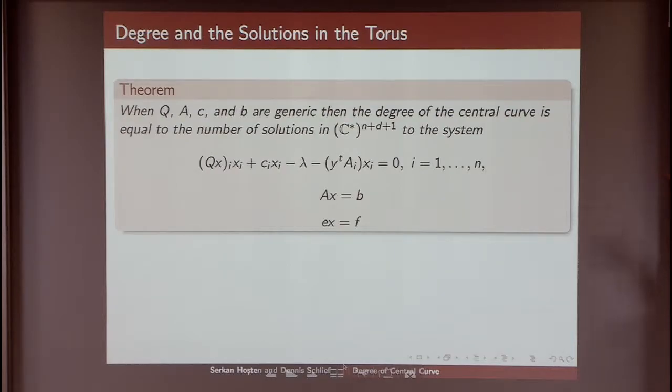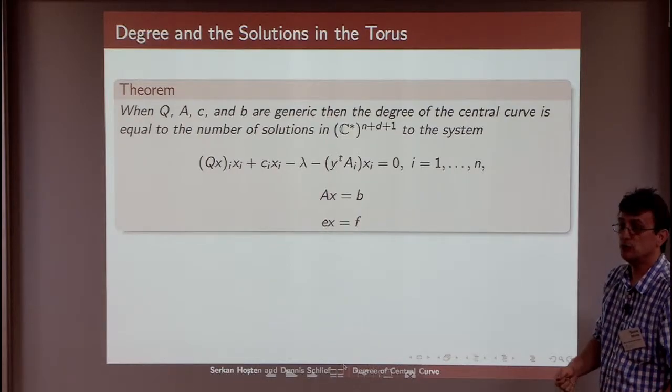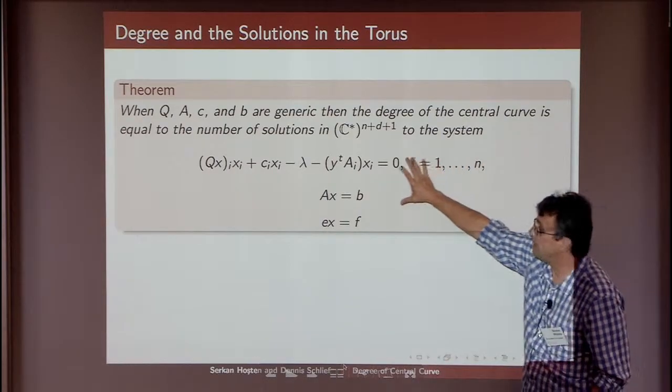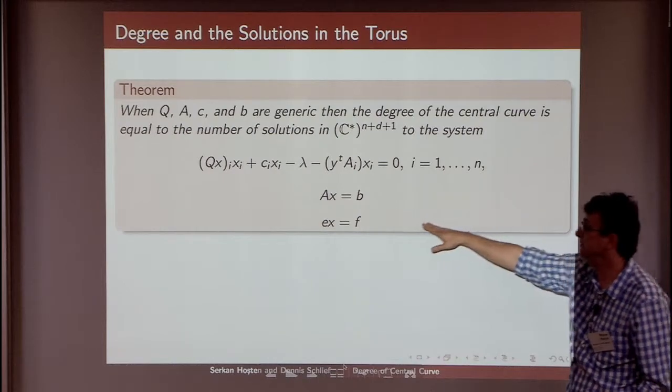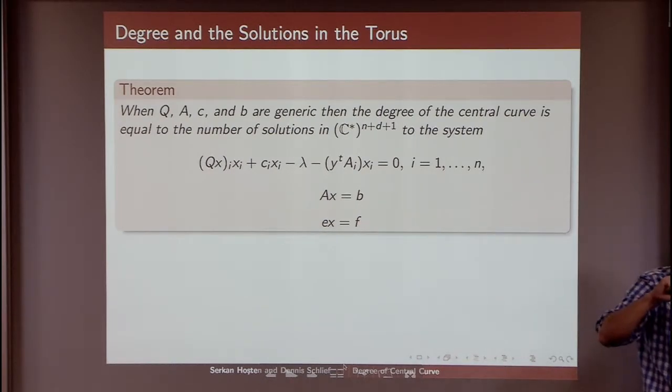Okay? It says that if I wanted to compute the degree of the central curve, what I would do is intersect it with a random hyperplane and count the number of points. It turns out all I can do is take the upstairs curve and intersect it with a hyperplane only in x's, okay, then the number of solutions in the corresponding torus is going to be equal to the number of solutions downstairs, and that's exactly the degree.